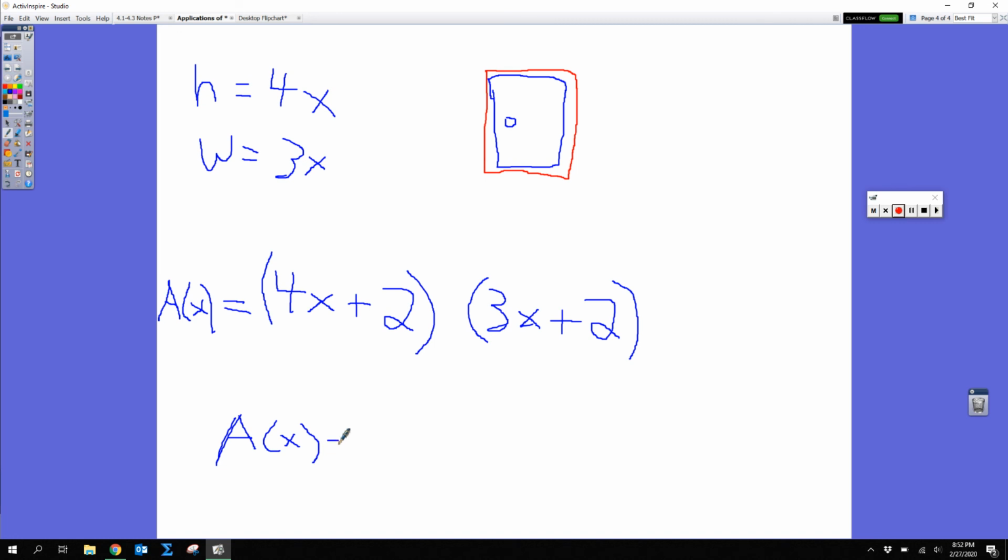It's laborious here, but you can probably get it way faster than I can writing wise. 12x squared. Our 4x with 2 would make an 8, and then our 2 and a 3 would make a 6, so plus 14x. And then plus 4 at the very end. And this is the expression that I'd be looking for.